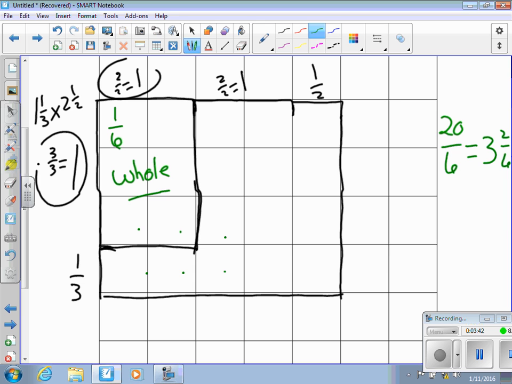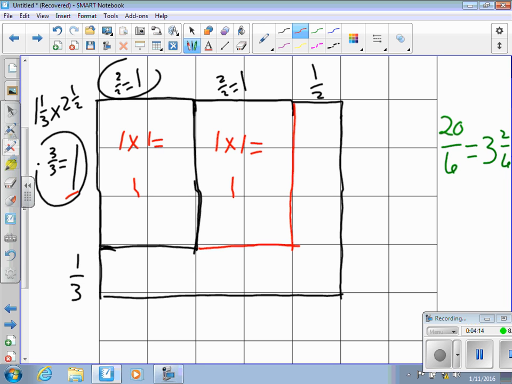So that's one way to find the product using the area model, is by counting. Now, next I'll show you how you can find the product by using partial products, just as we do in whole numbers. And to find the partial products, we look and we see here we have 1 times 1. And we know that is equal to 1 whole. Now we go here and we have another 1 times 1, which is equal to 1 whole.